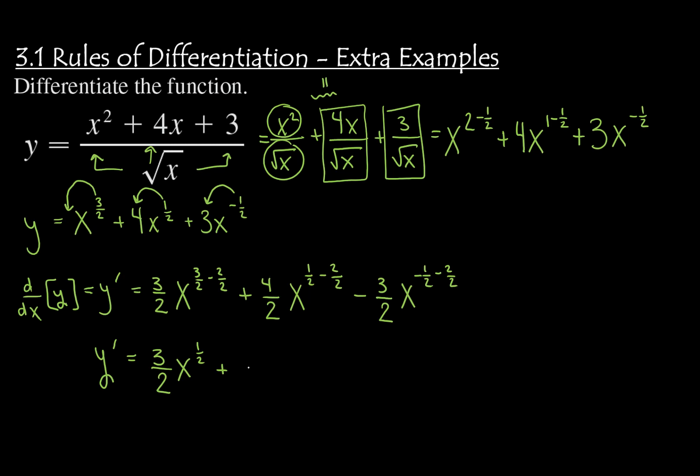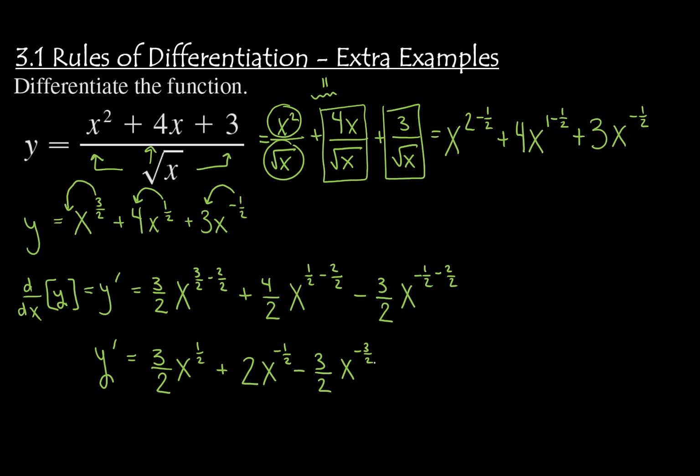Next one, I've got 4 divided by 2. That gives me 2. And then 1/2 minus 2/2 is going to give me x to the negative 1/2. And then minus 3/2 is going to go here. And then I'm going to have x to the negative 1/2 minus 2/2. And this is going to give me x to the negative 3/2.